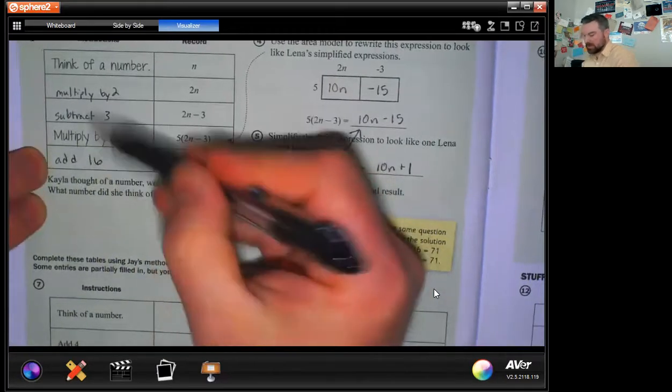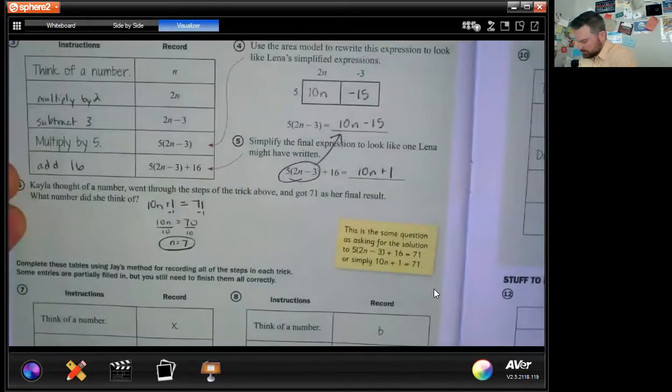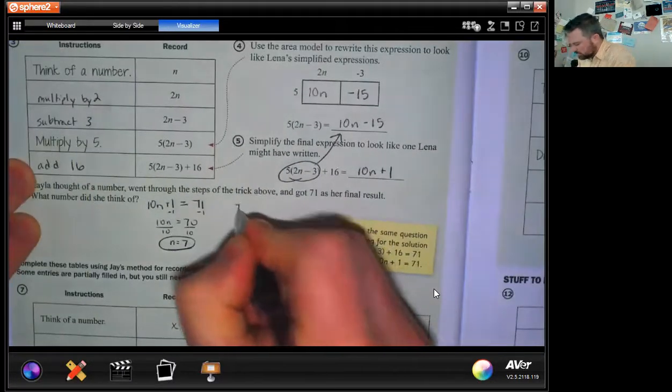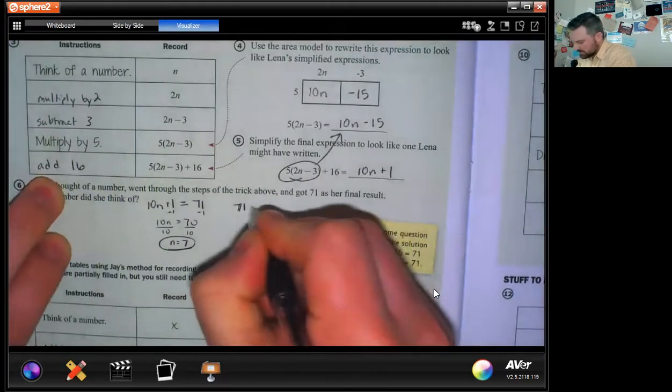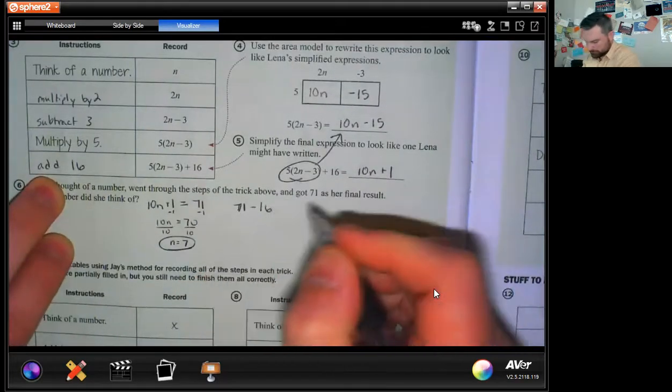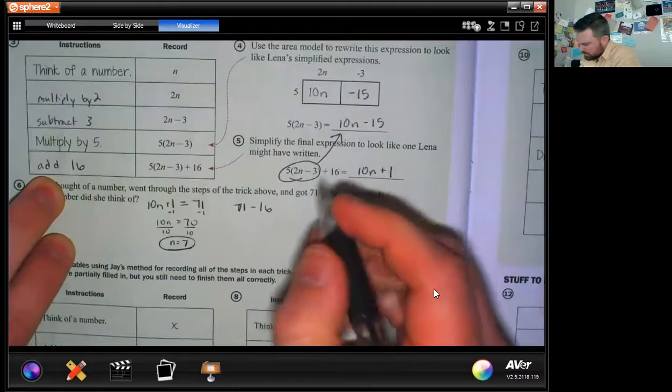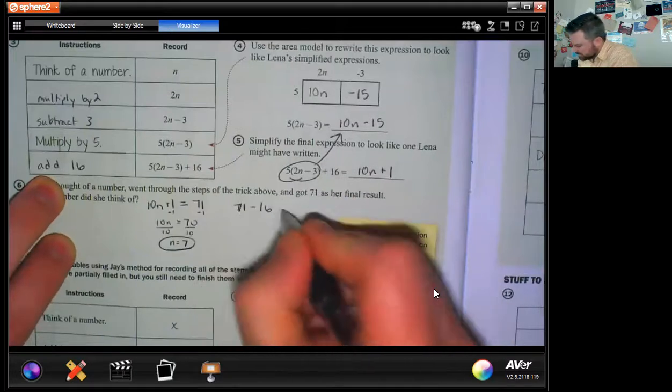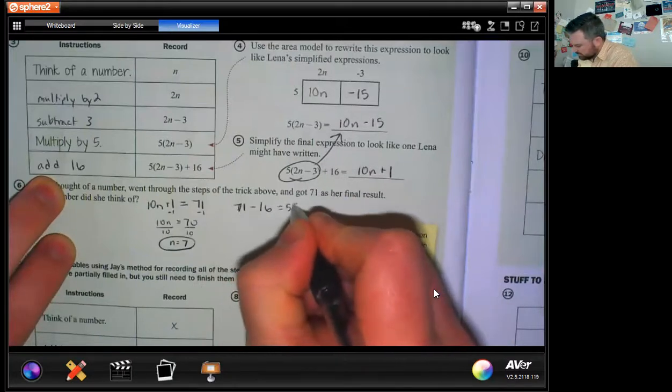Or you can work these steps backwards. Okay, so you can start with 71. And instead of adding 16, you're going to subtract 16, which 71 minus 16 is 55.